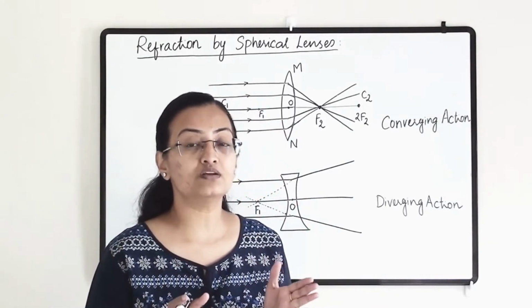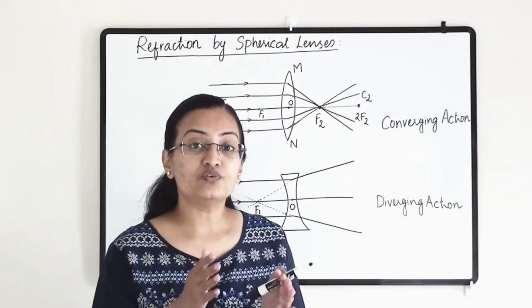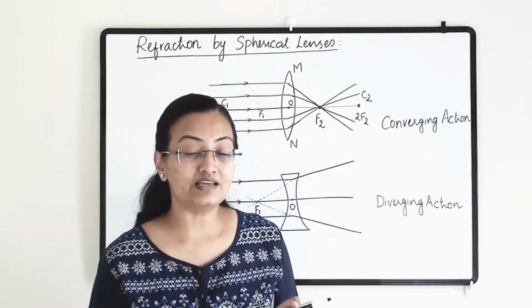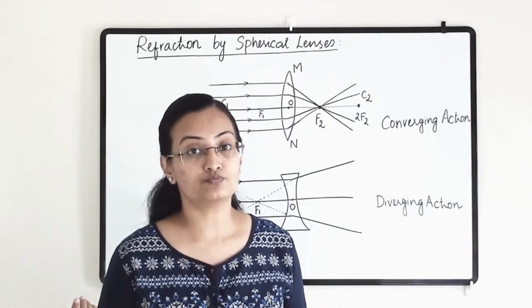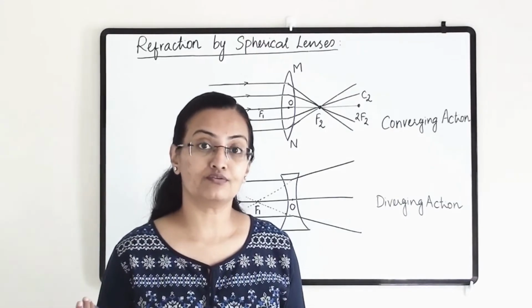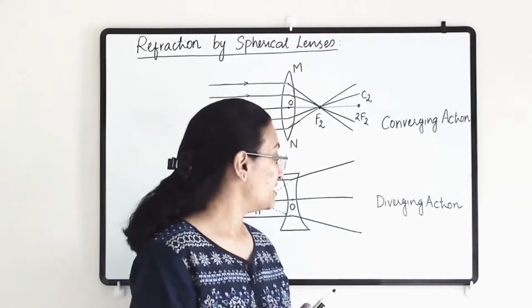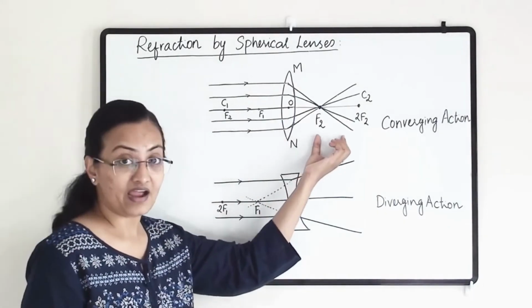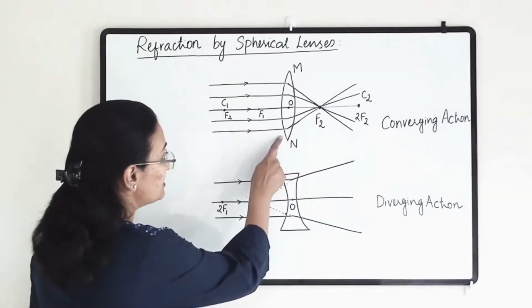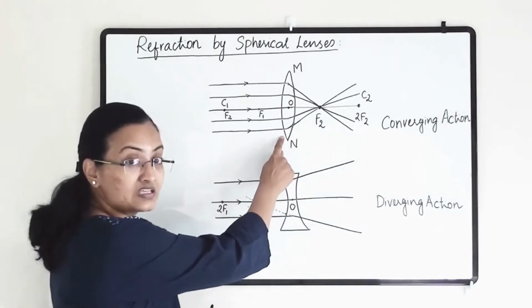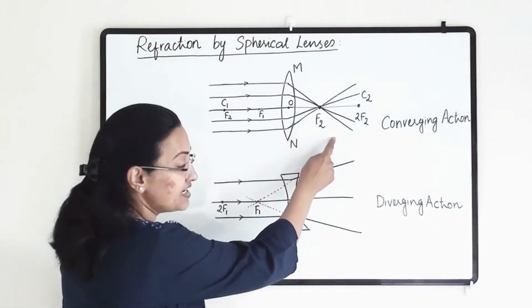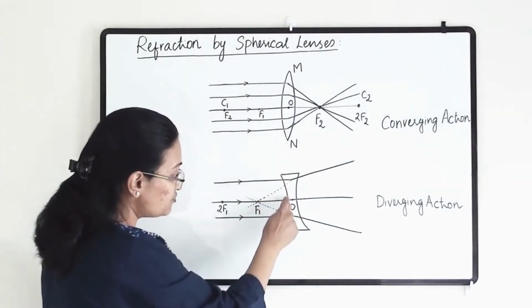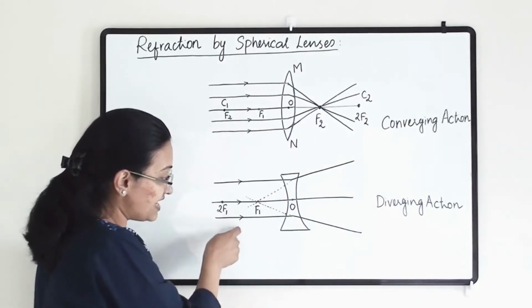In a convex mirror we have seen that whatever rays were reflected, we trace them back and check the focus point and the center of curvature of the mirror. But here that action is reversed, because the spherical lens sphere is lying towards this side, and that one towards the other side.